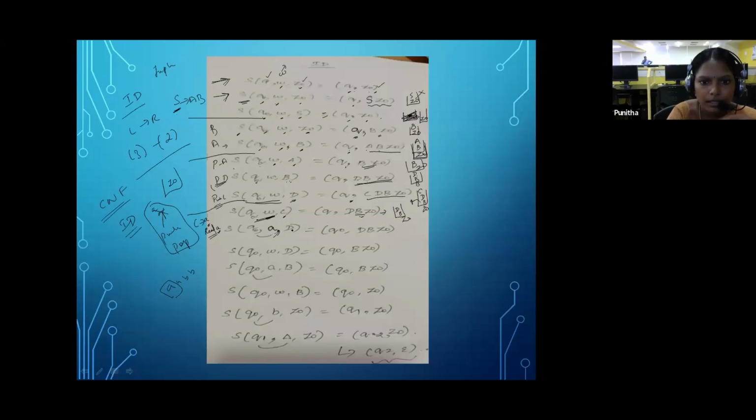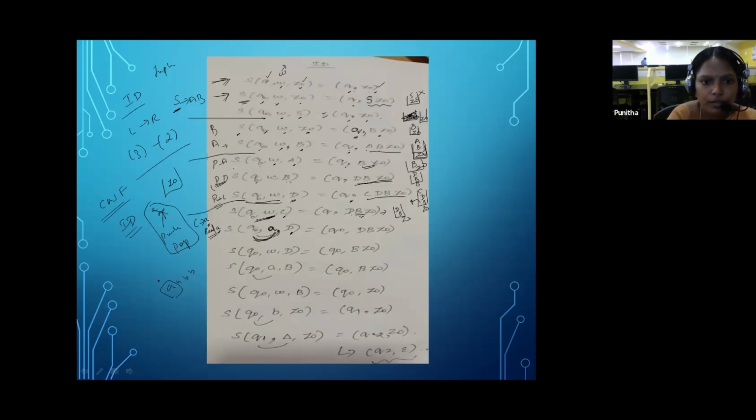And then the third one is the top of the stack. The top element is D, so I'm writing D here, and the inputs are enabled, which is visible to the head pointer. Whenever an input is visible to the head pointer, the head pointer passes that input to the finite control. The finite control does the processing, that is, it generates the next state.